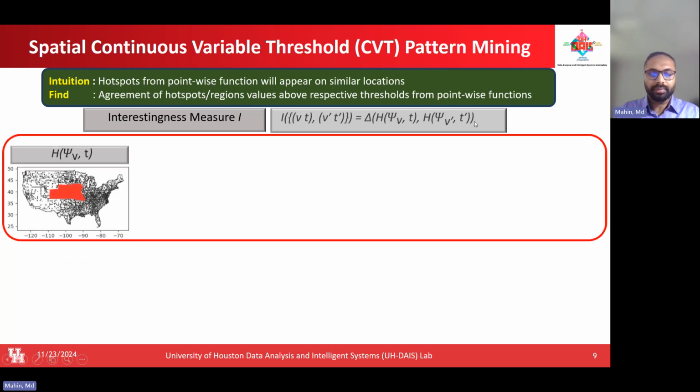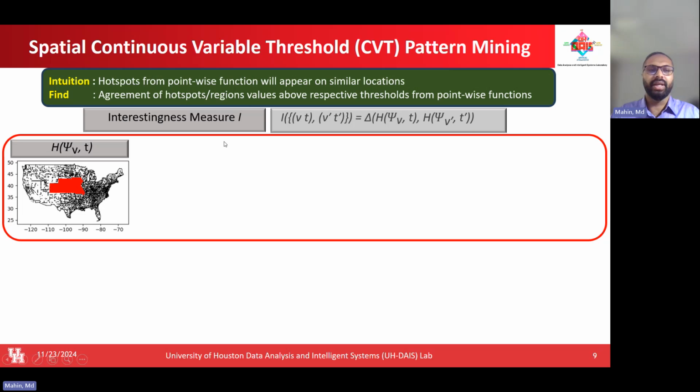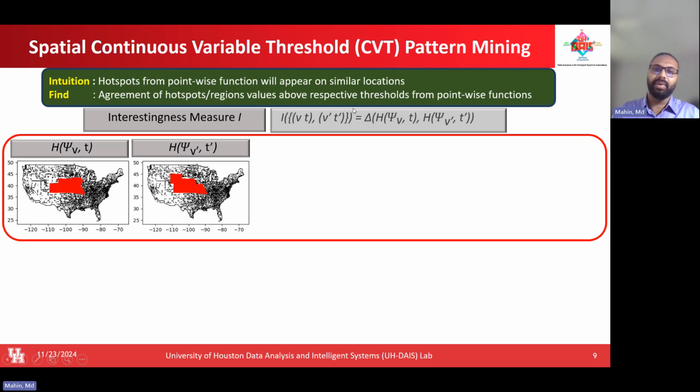For example, for our first variable V, it takes the pointwise function, takes the threshold T, and finds all hotspots where all values are above this threshold T. This is a sample threshold for V, hotspots for V. Then we do the same for the second variable V dot, and we find the hotspots of the pointwise function related to V dot and above T dot.